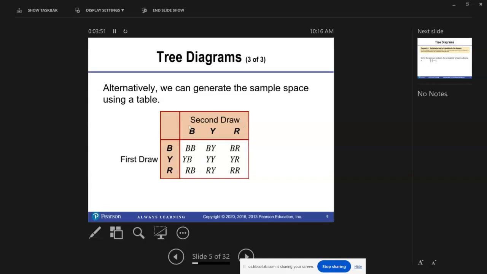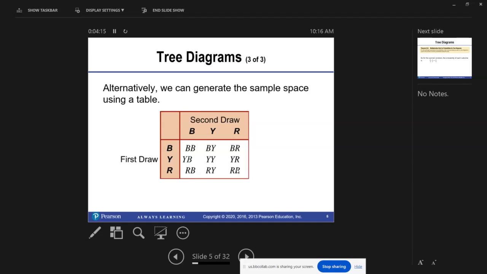The row is your second, blue, yellow, red. It really doesn't matter which is which, but you look at all the possibilities here. So B with B, B with Y, B with R, and then go down to the next row, Y with B, Y with Y, Y with R, and so on. Once again, you can see there are 9 possibilities in that sample space.